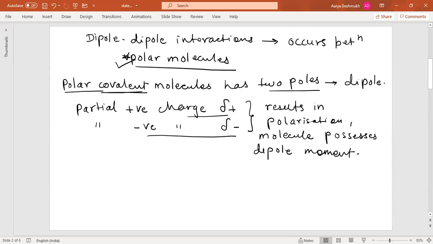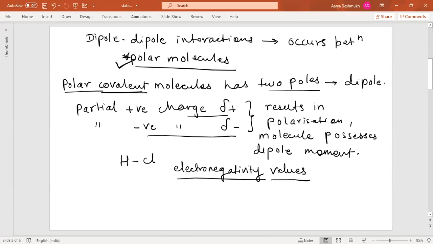For example, take a polar covalent molecule like HCl. Now this polarity of the molecule is totally dependent on the electronegativity of the atoms involved in the formation of a molecule. So electronegativity values will decide whether the molecule will be polar or non-polar.